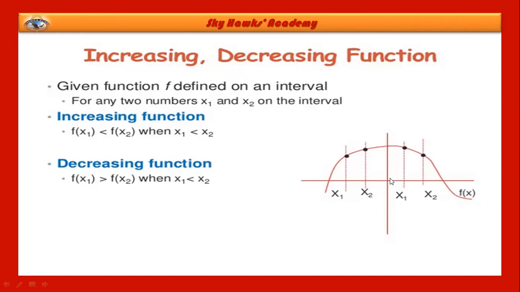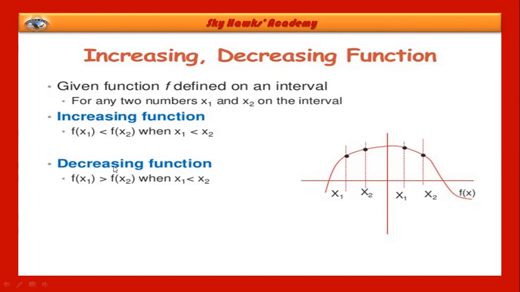So this is our region. You are getting this value for x1, and further x2 is greater than x1. If you put the values in the function, and f of x1 is less than f of x2, then we can say it's increasing.